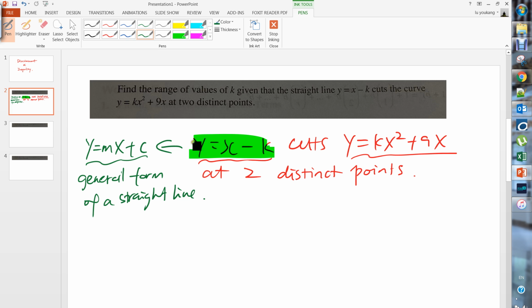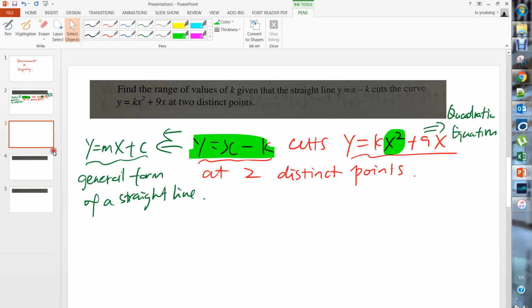And this is clearly a quadratic equation, right? If it's a quadratic equation, definitely it's a curve. Quadratic equation means x to the power of 2. So let me go to the next slide and start to do this question.